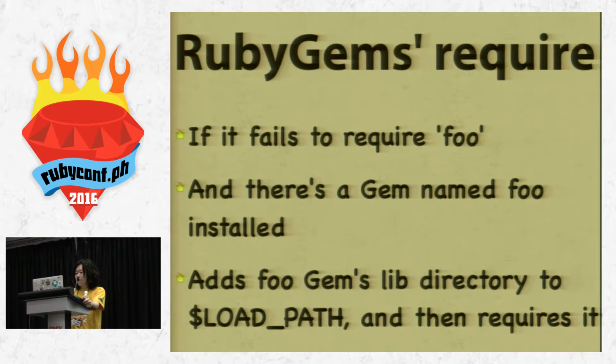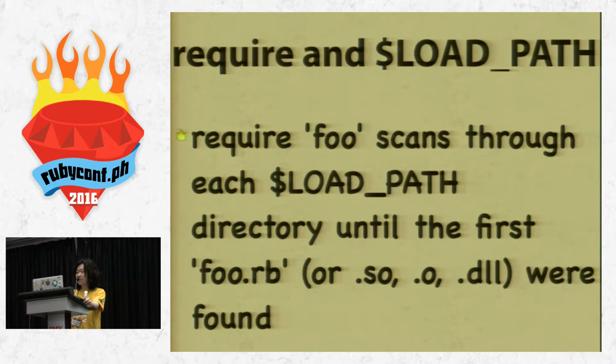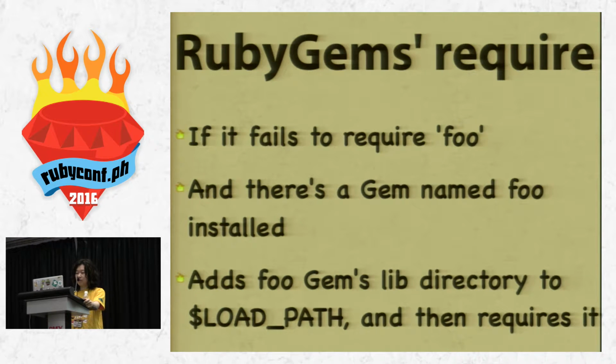So this is the feature of Ruby's require. And RubyGems extends require, and if the original Ruby require fails to require something, then it falls back to the gem. Next, it scans through all the installed gems in the system and requires the gem. Right.